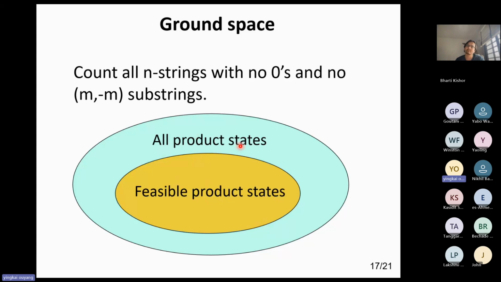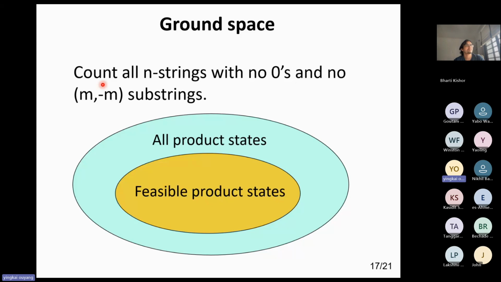Almost all product states seem to work, but you also need an additional constraint: no zeros occur, and there are also no m, minus m substrings. That means you can't have any forbidden substrings. But that's fine, because in our code construction, if you forbid the substrings, you just consider codes without those substrings.